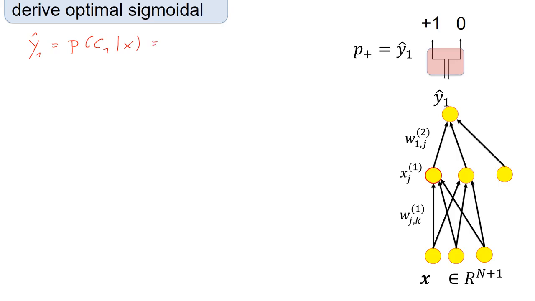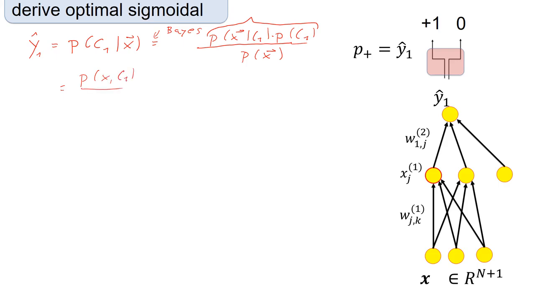And then we just apply Bayes' rule and find that this is p of x given c1 times p of c1, divided by p of x. This is just one way of writing the Bayes rule. The two together really are the joint probability p of x and c1, and I divide by p of x.